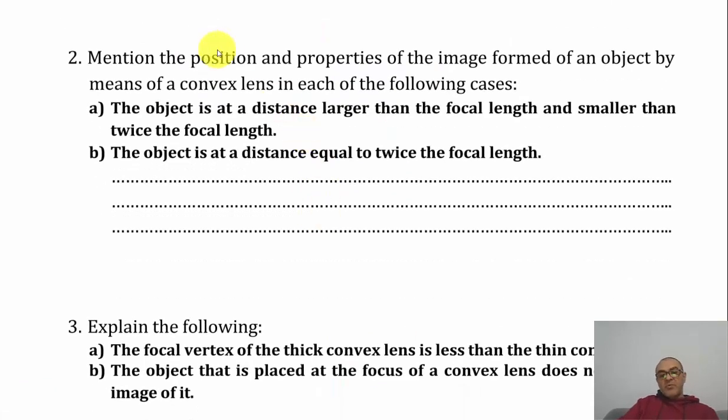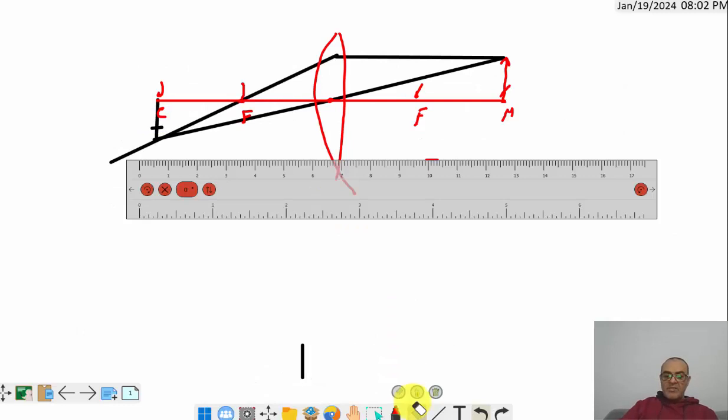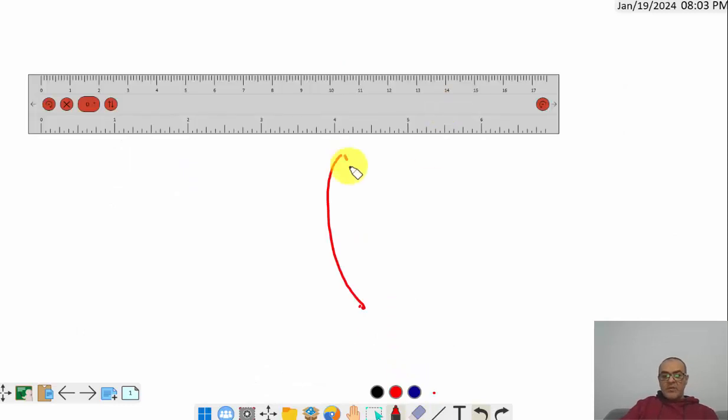Mention the position and the properties of the image formed of an object by a convex lens in each of the following. The object is larger than the focal length. Go to the explanation board, and this is the convex lens.